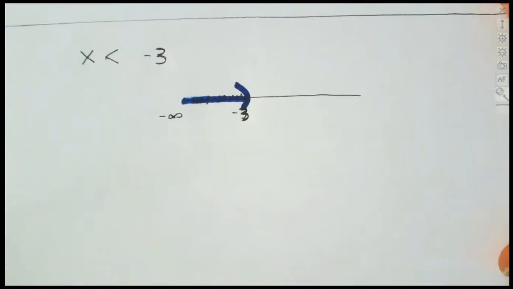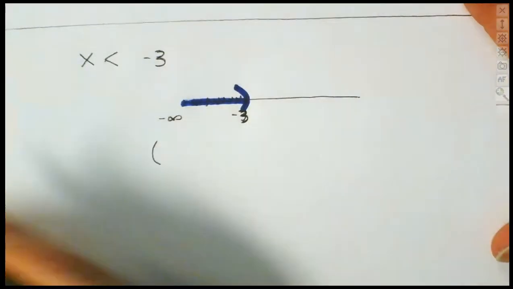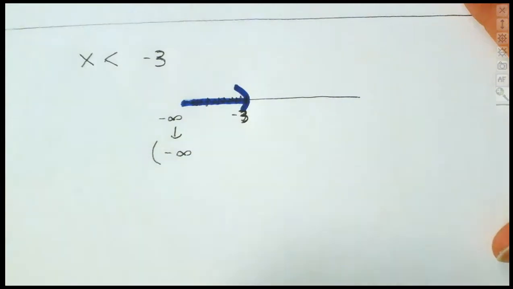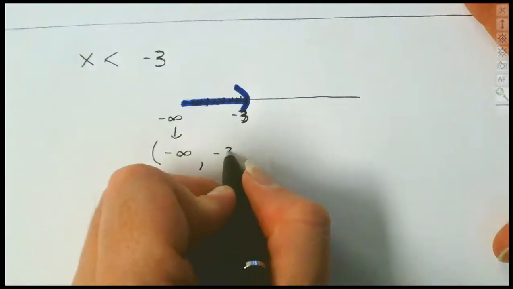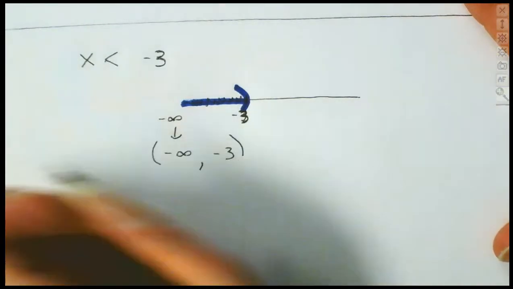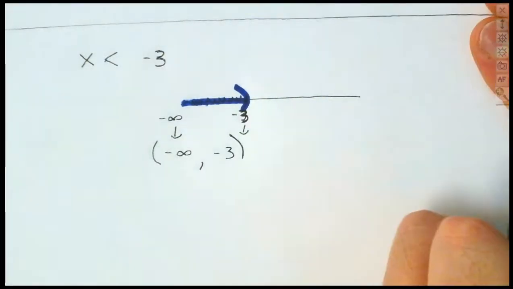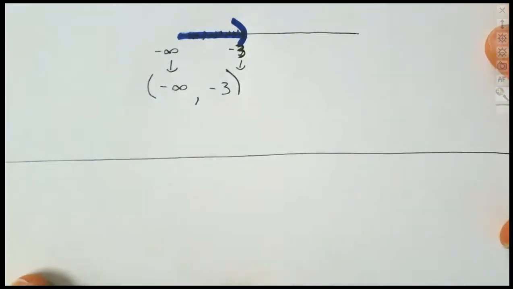It's going out to the left to negative infinity. Make sure you put them in the correct order. So the first one we have is negative infinity, always with parentheses. So negative infinity with parentheses, comma, negative 3, also with parentheses. And this is what's called interval notation.